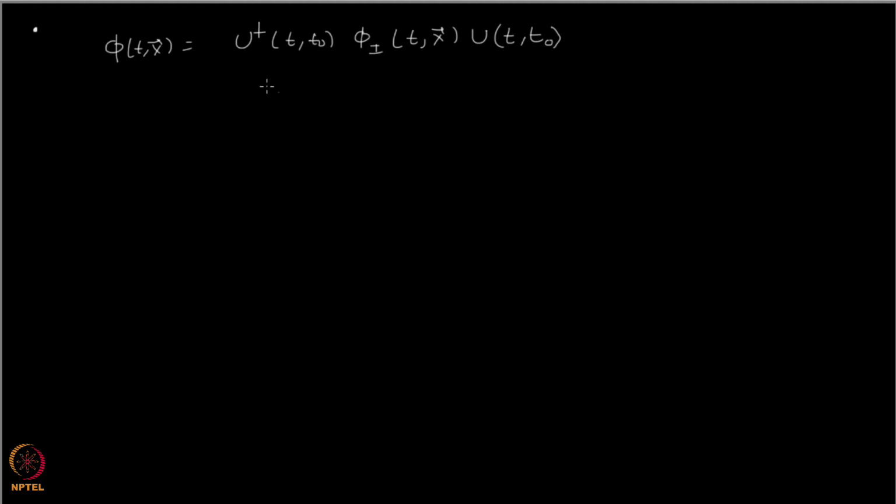Okay, and we saw that u is unitary, so u dagger u is 1.